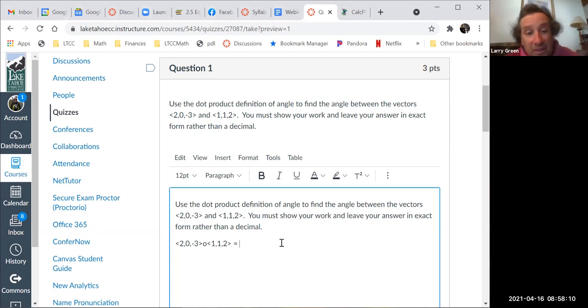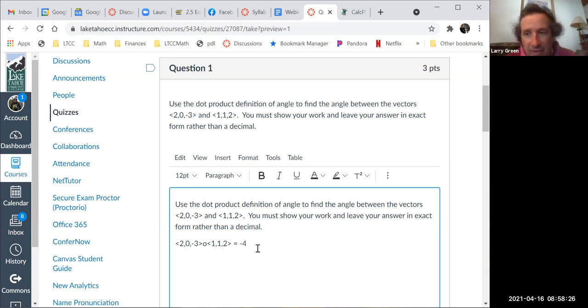You should be able to do this in your head. This is really easy. What do you get? Yeah, you get -4 because it's 2 plus 0 plus -6, which is -4.